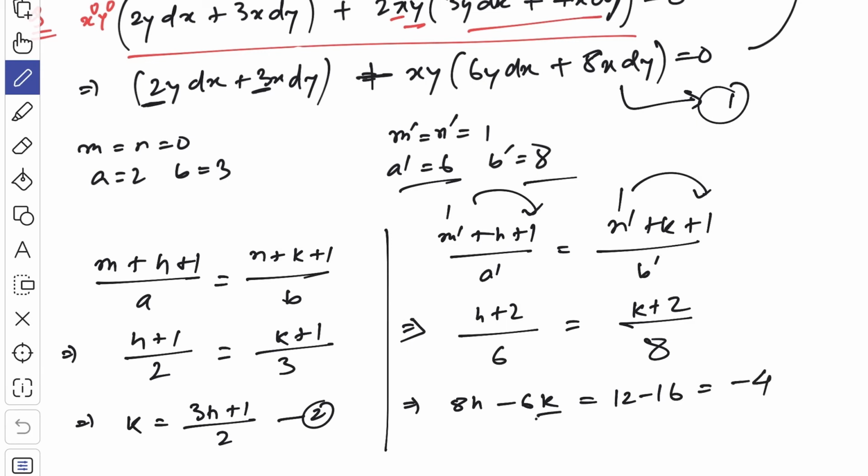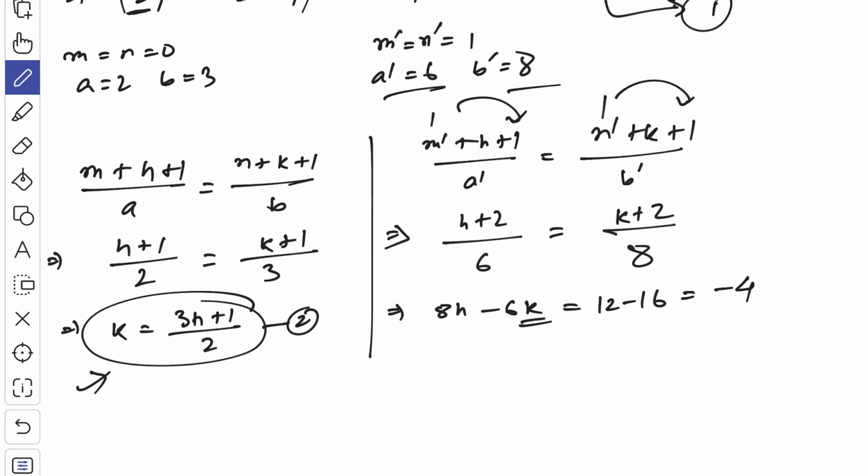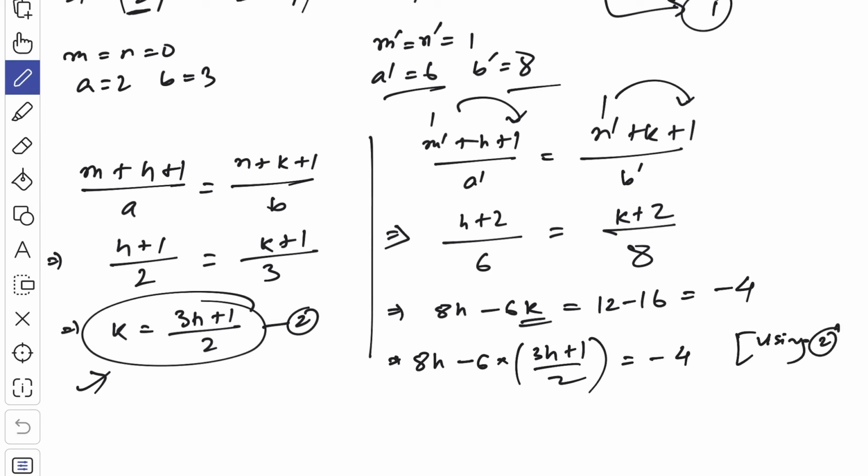Now let us replace this k by this value. Okay, so if you put that value here, then what you will get: 8h minus 6 into 3h plus 1 by 2, and here we have got minus 4. So this is using equation number 2. Now cancel it by 2, then you will get 3 here.